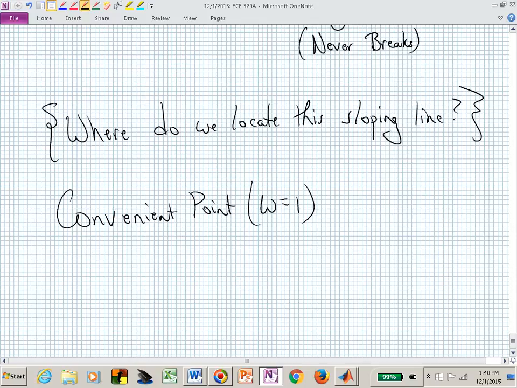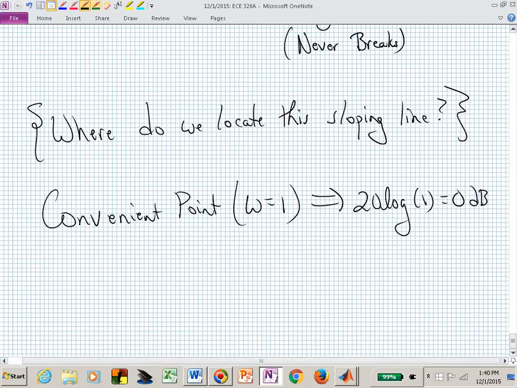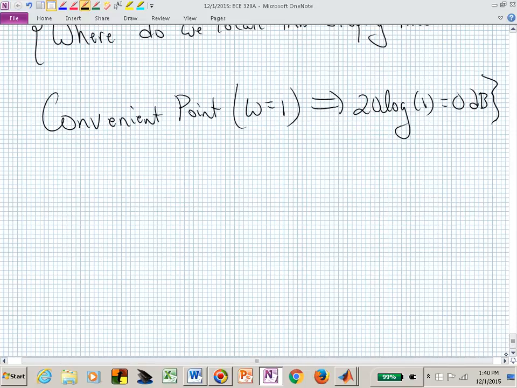Our convenient point is omega equal to 1, which says now we are at 20 log of 1, which is 0 dB. Whoops. Let me erase this curly bracket and put it over here. Got worse. So, what do we have?